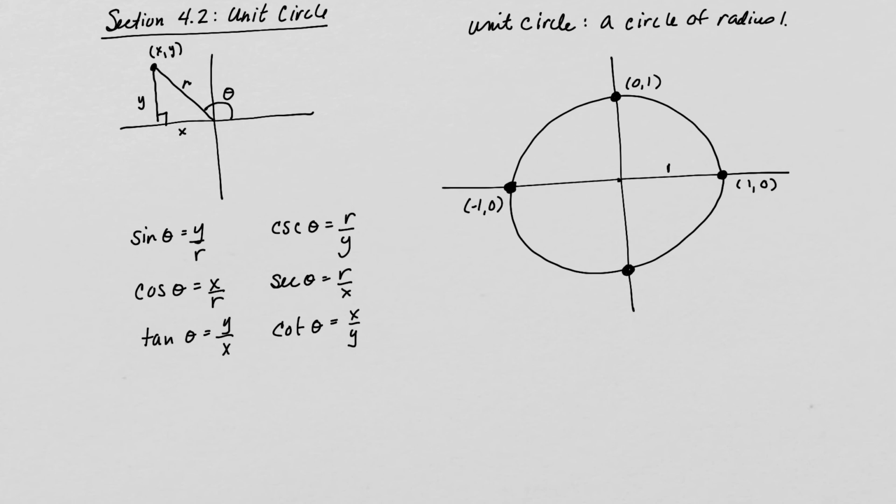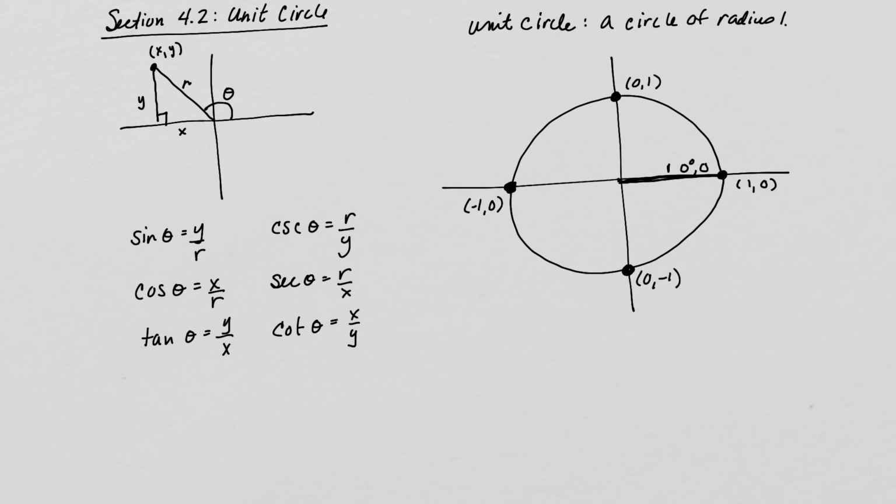Yeah, 0, -1. Okay, so these points, they correspond to angles. So if I am here and I haven't moved at all, my angle is actually 0 degrees or 0 radians. We could write it either way.